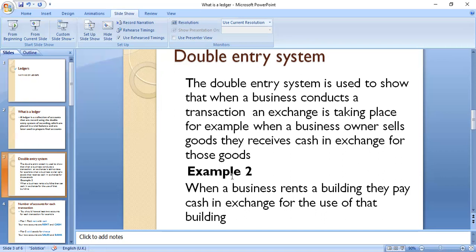Example 2 says, when a business rents a building, they pay cash in exchange for the use of that building. So we see what is taking place here. For each transaction, there is an exchange process that is taking place.